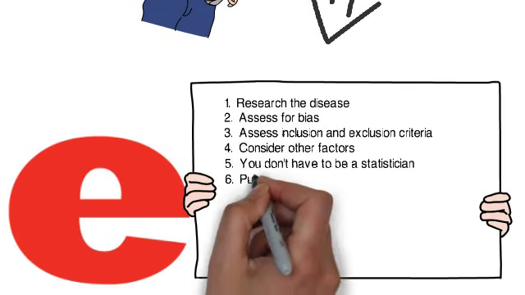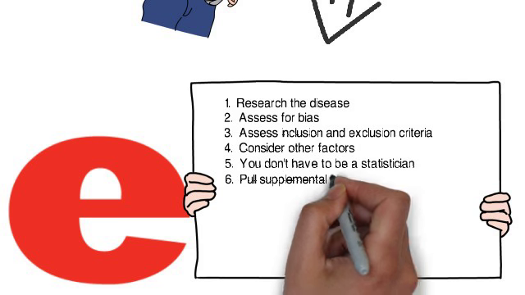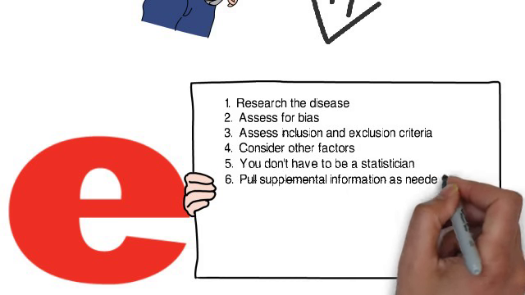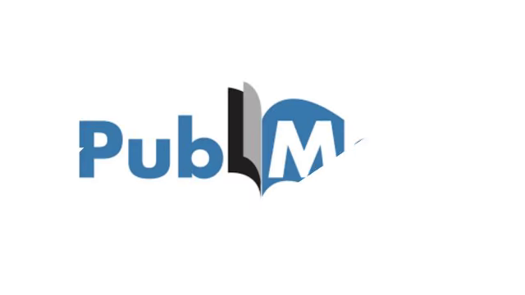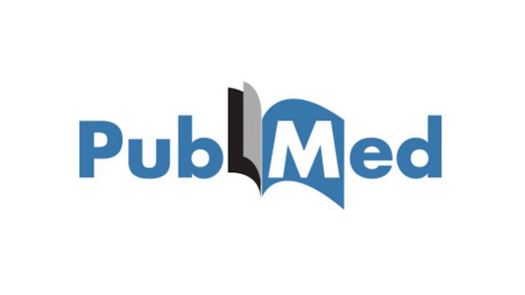Tip number 6, pull supplemental information as needed. Oftentimes, publications are limited on word space, and so they can't list every method when they write it up. So oftentimes you might see them reference supplemental information such as a protocol or an appendix. Go to this information when you need to clarify methods or view additional results before you assume that there are weaknesses to the methods.